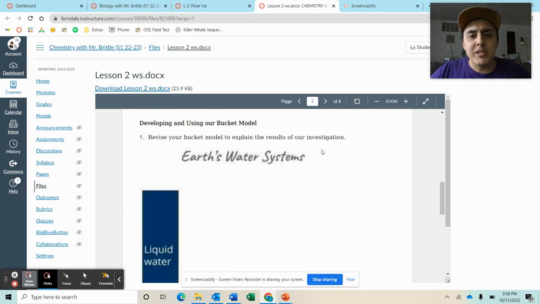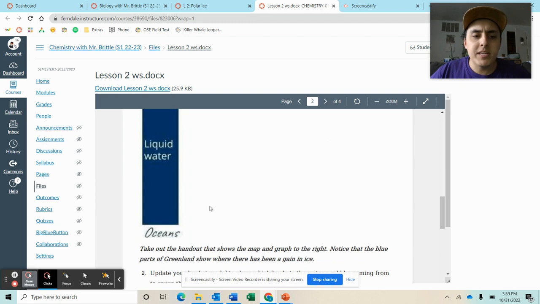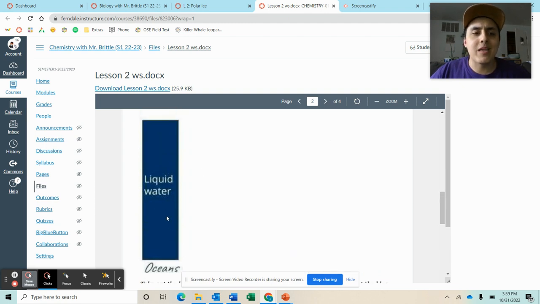Revise your bucket model to explain the results of the investigation. Not the biggest fan of this modeling, but essentially what they want you to show is that, again, land ice water, that frozen water, is not already part of the ocean. So when it melts and goes in the ocean, you're adding mass to the ocean. Whereas with the sea ice, the ice is already in the water, it's already displacing water.